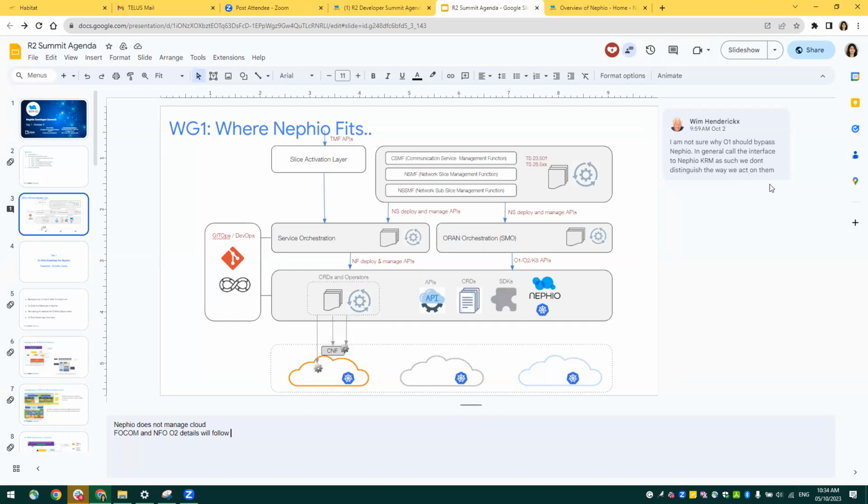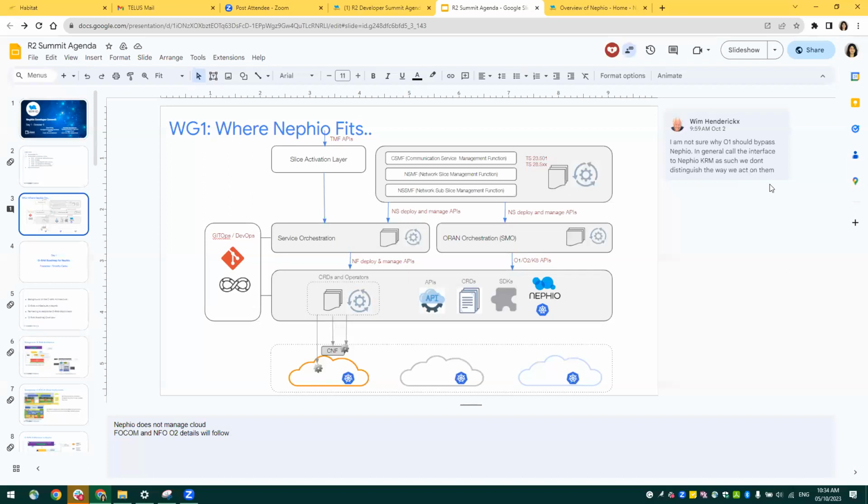I would put one service orchestration and put the SMO of ORAN as a blob within it. That's the same as what Tal says. I'm actually trying to do that practically already in TELUS, but I'm wondering, would the ORAN people be okay with that if I do it that way?